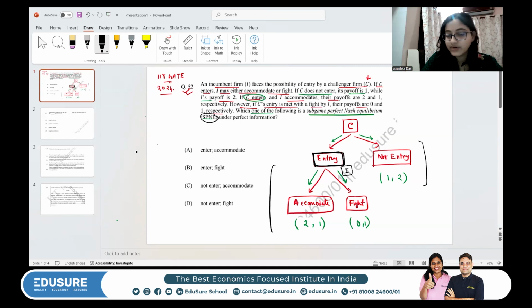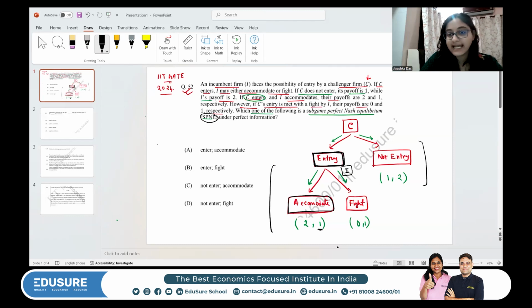It can either accommodate or it can fight. If the incumbent firm accommodates, what is the payoff it will get? The payoff is 1, right? Suppose C enters into the market and the incumbent firm accommodates accordingly. What happens? The incumbent firm will get a payoff of 1.